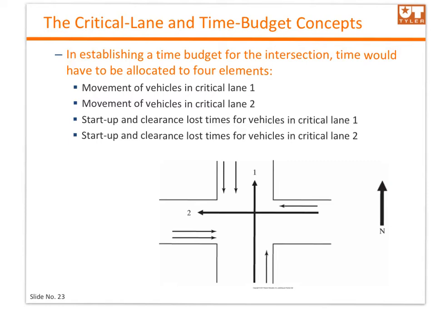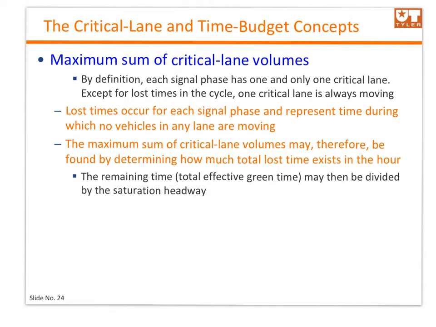So how can we bring all these 4 elements together in one aspect? This is where we are going to talk now about the maximum sum of critical lane volumes. So by definition, each signal phase has one and only one critical lane, except for loss times in the cycle where one critical lane is always moving.